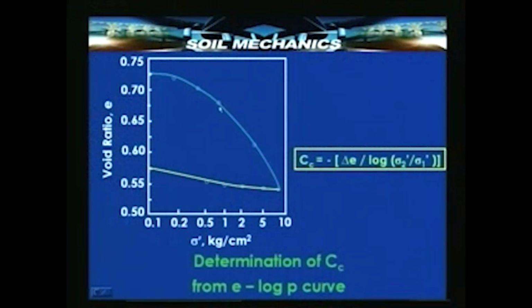From an e log p curve we can determine Cc, the compression index, as the slope of the virgin compression curve, and the expression for compression index is negative. It being a negative slope, it will be minus of change in void ratio by log of the ratio of the final to the initial effective stress.